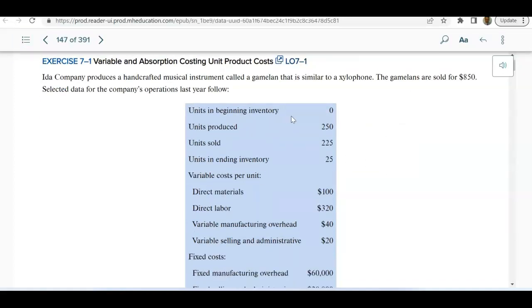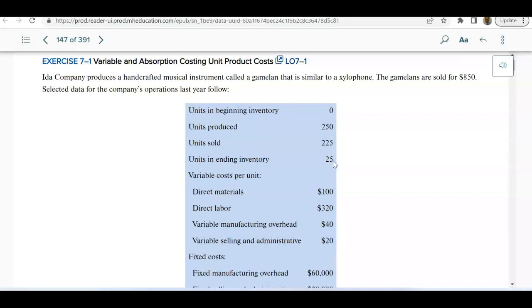We have some data: beginning inventory, units produced, units sold, units in ending inventory. Just here, be careful what you are looking at. You have unit production of 250, but you sold less, okay? Units produced 250, but you sold less. Remember that. It might be handy later on.